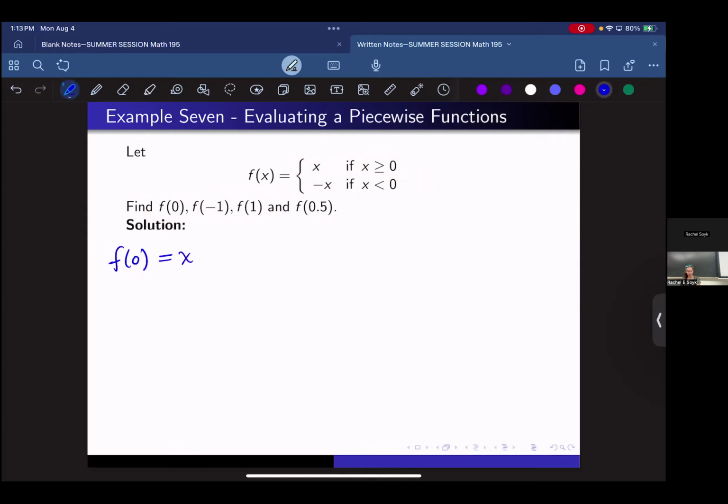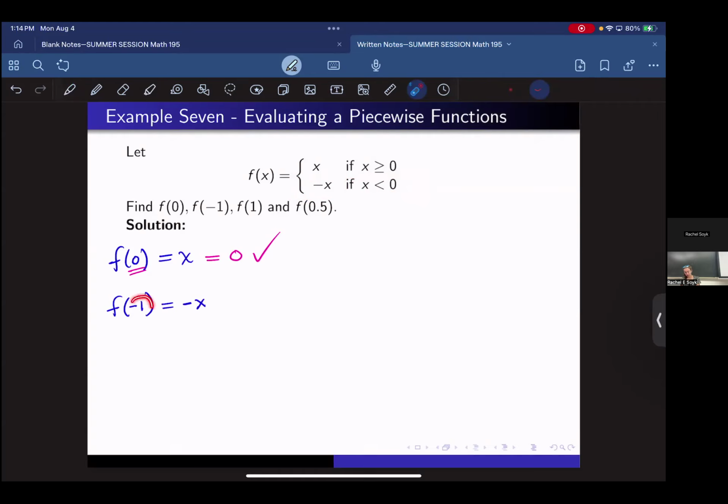And our x here is what? Yeah, exactly. Now let's look at f of -1. -1 is a negative number, so it's less than 0. So our output is going to be negative x.